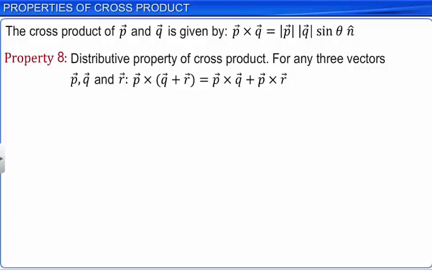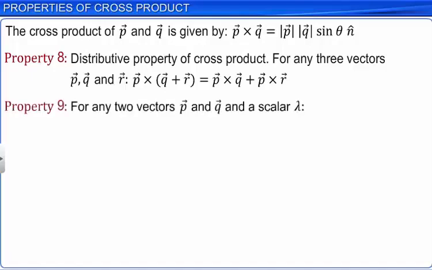We also have that the cross product of vectors p and q multiplied by a scalar lambda is equal to lambda into vector p cross vector q, or vector p cross lambda into vector q.